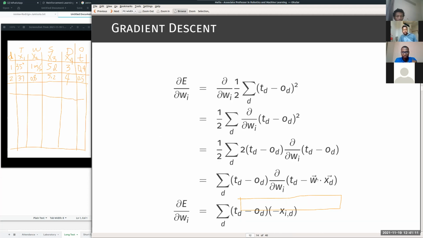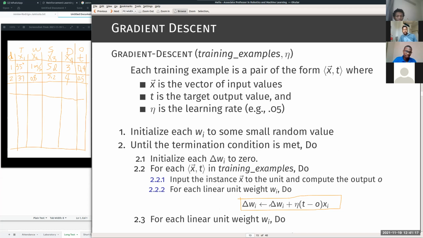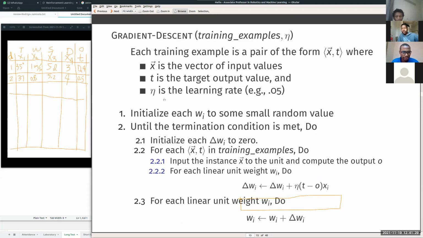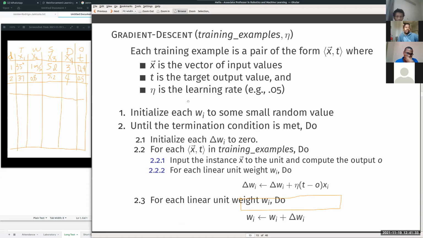Remember here, do you have any idea, Bright? Okay, it's here. I didn't show the entire.